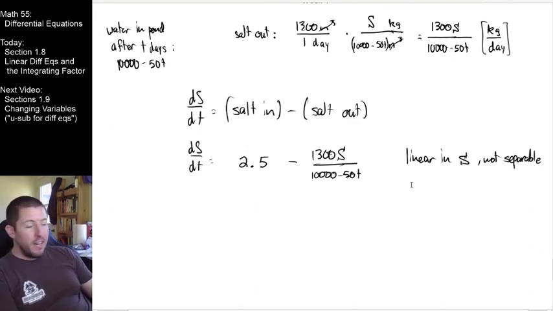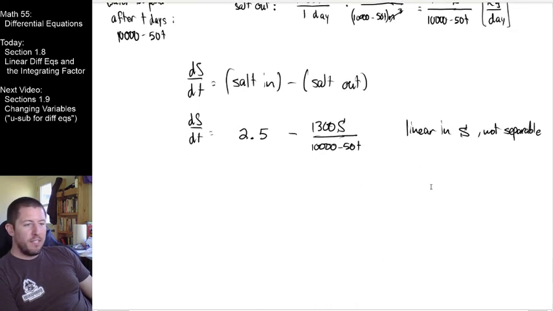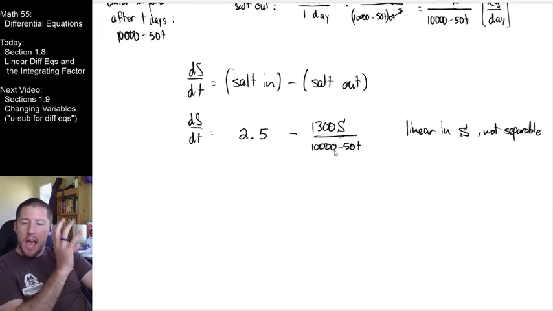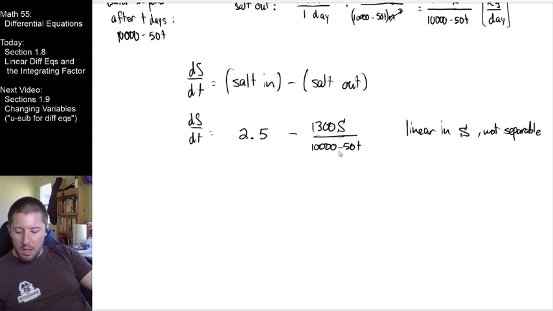So now I'm on to using my integrating factor to solve this differential equation, all right? I'm going to do two things right here. One, I know I want to get all my S stuff pushed over to the left side. Two, I want to think about this 1300 over 10,000 minus 50t as a coefficient on S, which is a slightly better way to think about this.